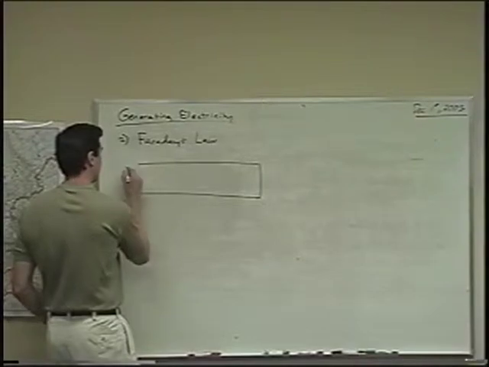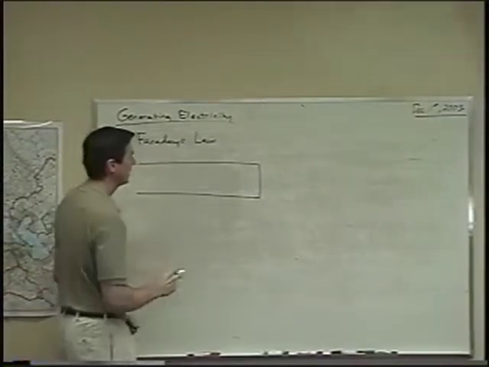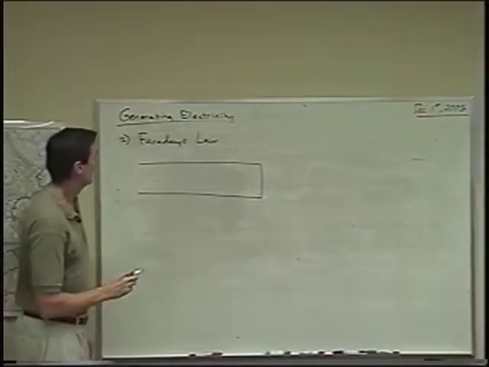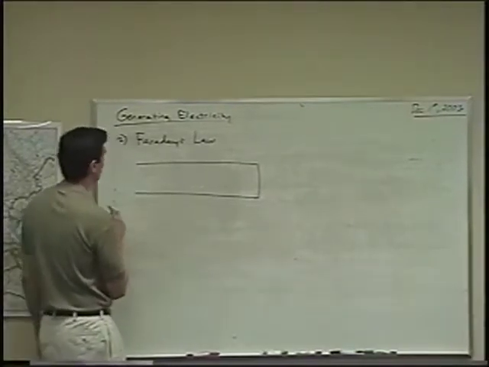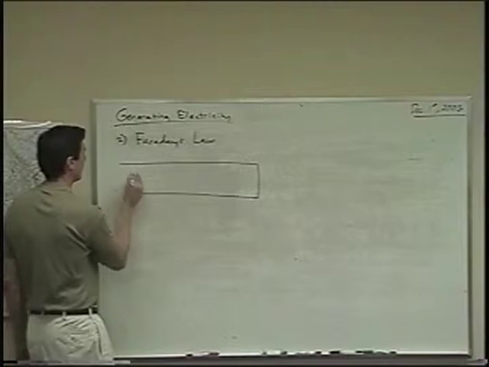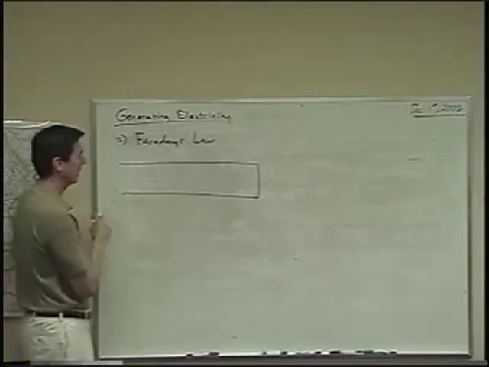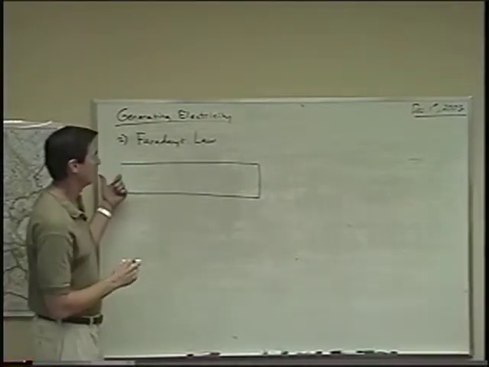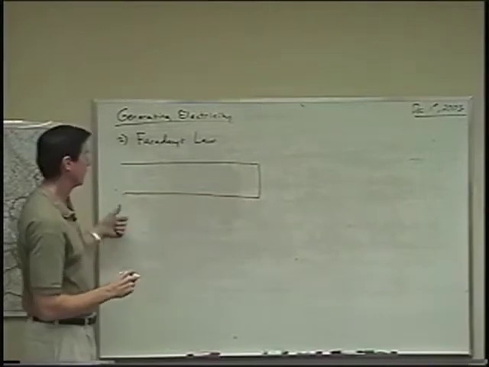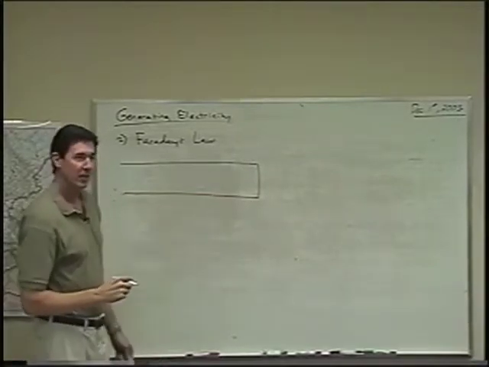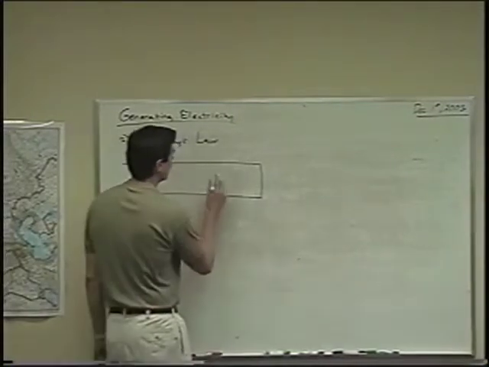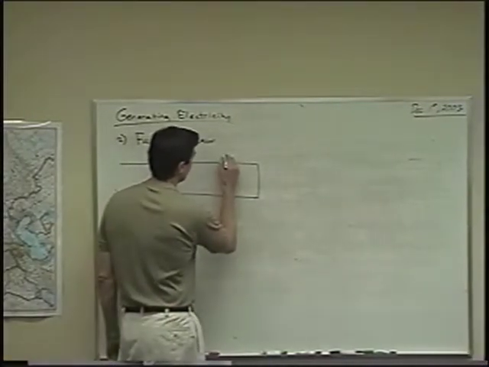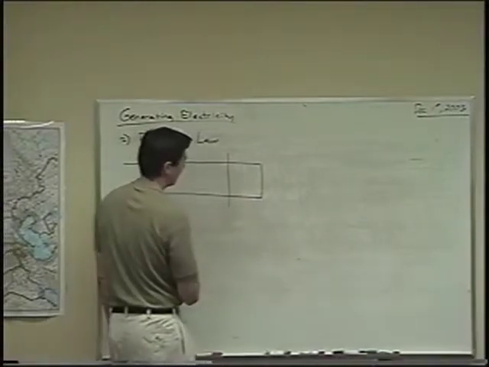Let's say that we have a long rectangular wire like this that's open at one end, and just shaped as I've drawn it. And let's say we lay a wire across this wire.